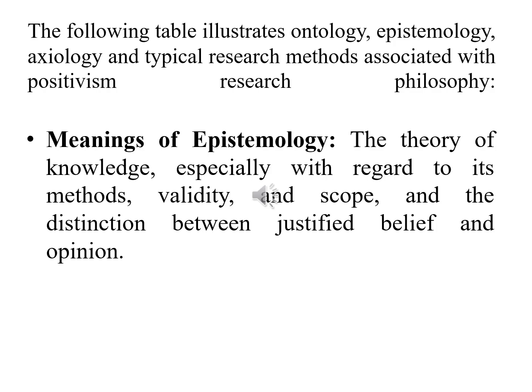For example, instead of saying, I feel that unemployment causes stress, a positivist researcher would collect measurable evidence about unemployment and stress and analyze whether there is a relationship between both of them. So, positivism leads to scientific evidence and this will give you measurable knowledge. Okay?